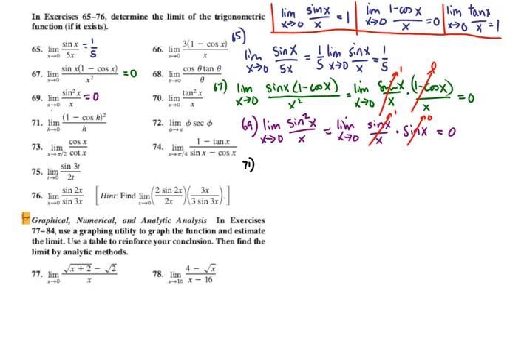Problem number 71. We have the limit as h approaches 0 of 1 minus cosine of h, quantity squared, over h. Again, we'll split this up into the limit as h approaches 0 of 1 minus cosine h over h times the quantity 1 minus cosine of h. The first one is one of our important limits, that's 0.